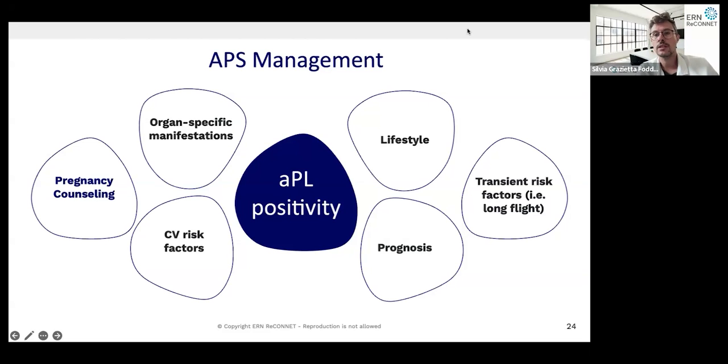And of course, at some moments in the life of the patient, for example transient risk factors like a long flight, or before pregnancy, these moments should be addressed, in order to achieve correct management and a good long-term prognosis for our patients.